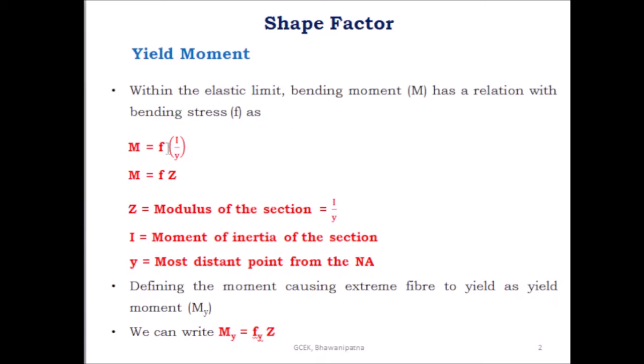From this relation, M by I is equal to f by y, then M is equal to f into I by y.